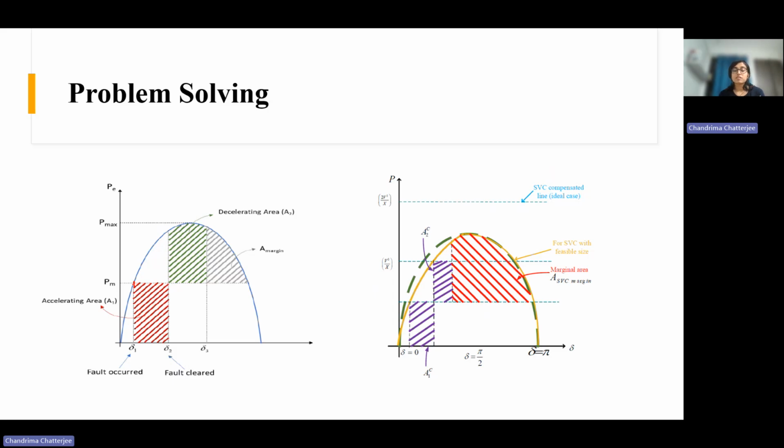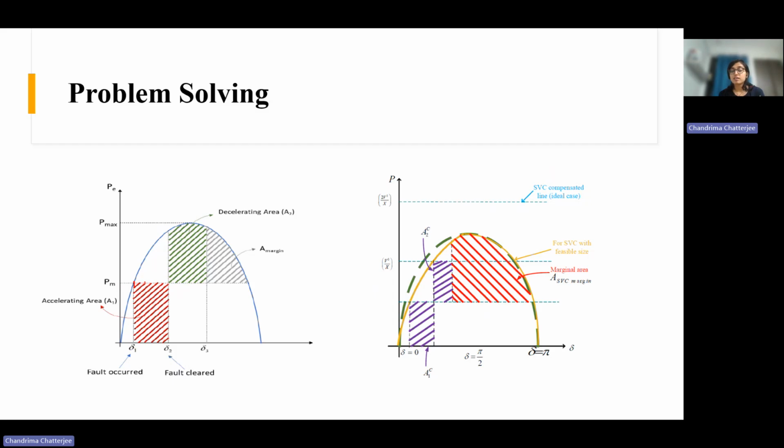Suppose this was the operating point, but suddenly there was a load change. Then there will be some accelerating area and decelerating area that will get generated. Your electrical power suddenly becomes zero, but the mechanical power can't be zero immediately because mechanical quantities are much slower than electrical quantities.